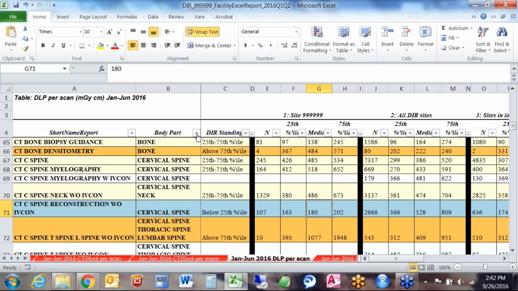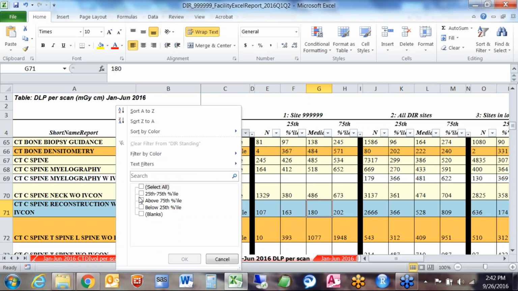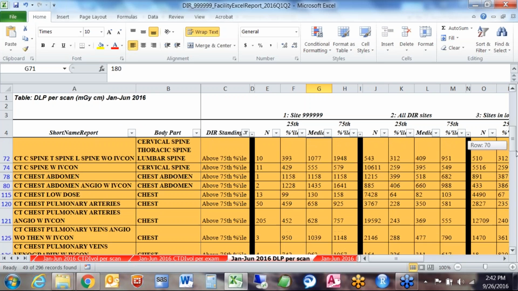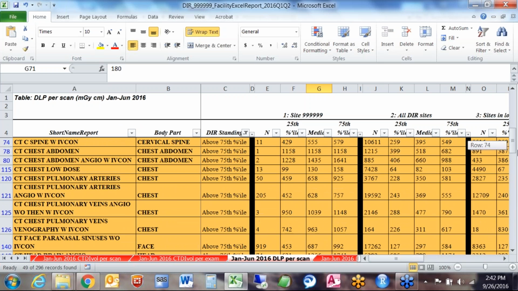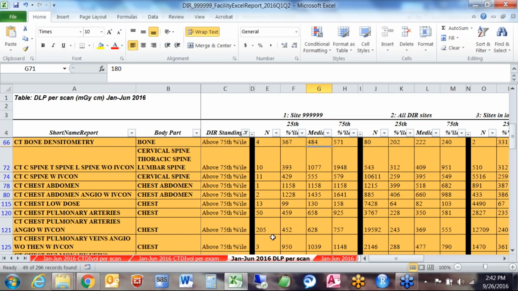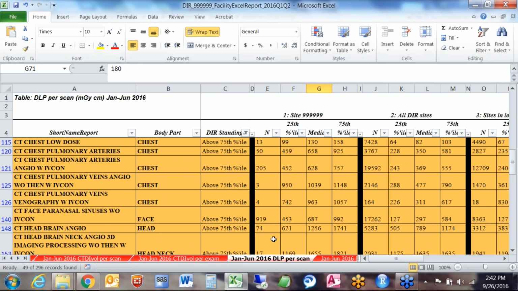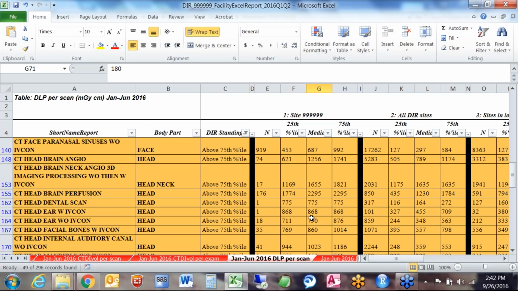What is nice about this is you can also filter by color code. So for example, say I want to see all the exams for which my facility was above the 75th percentile. I filtered these and I got all the exams, and then I can focus on these exams to see whether some of them really need some protocol adjustments. And as we always say, before doing any protocol adjustment, please talk to your medical physicist and your physician and your team.